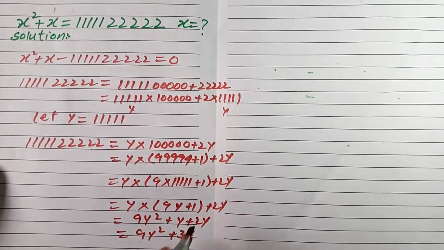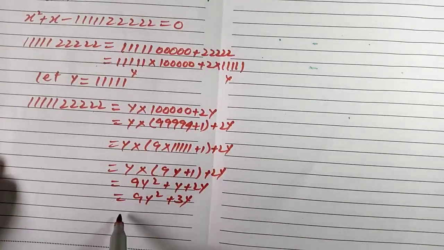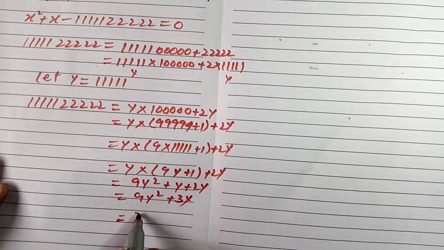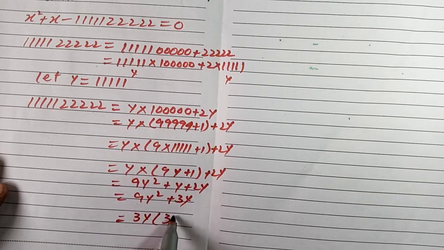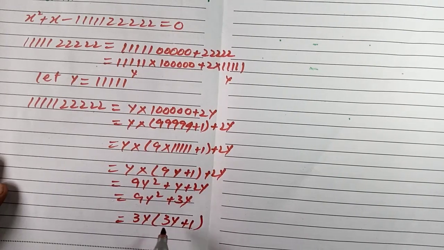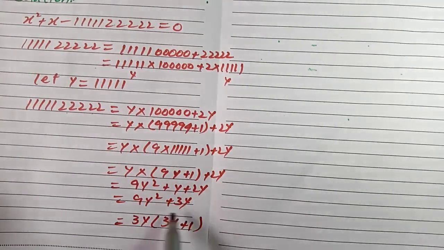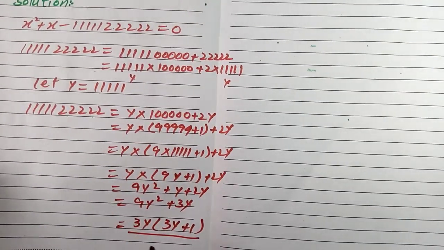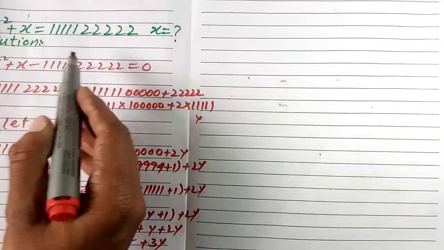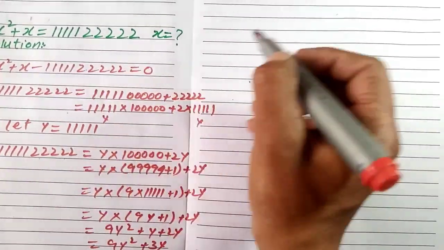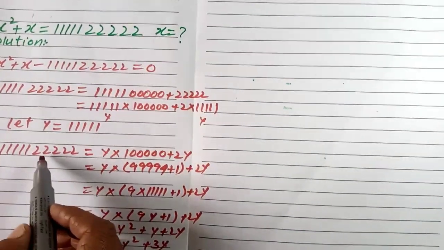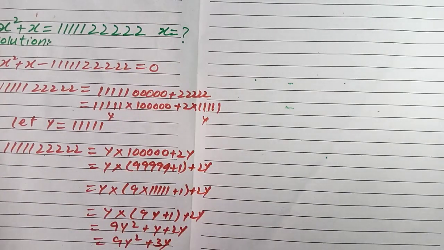We can also take common of 3y in this equation. We can get 3y plus 1. So in the place of this we can write these variables. So in this equation, in the place of this term, we can write this term.